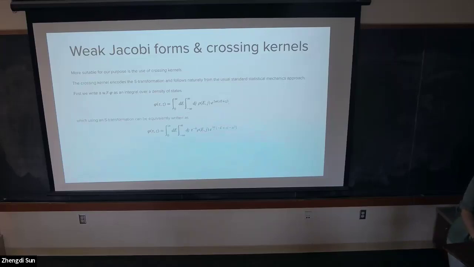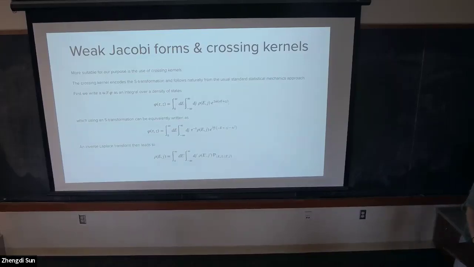And using an S transformation on the right-hand side, we can replace tau with -1 over tau and z with z over tau. We include the transformation factors coming from the weight and the index that showed up in the modular transformations. And then you get this expression, which doesn't look like much yet.